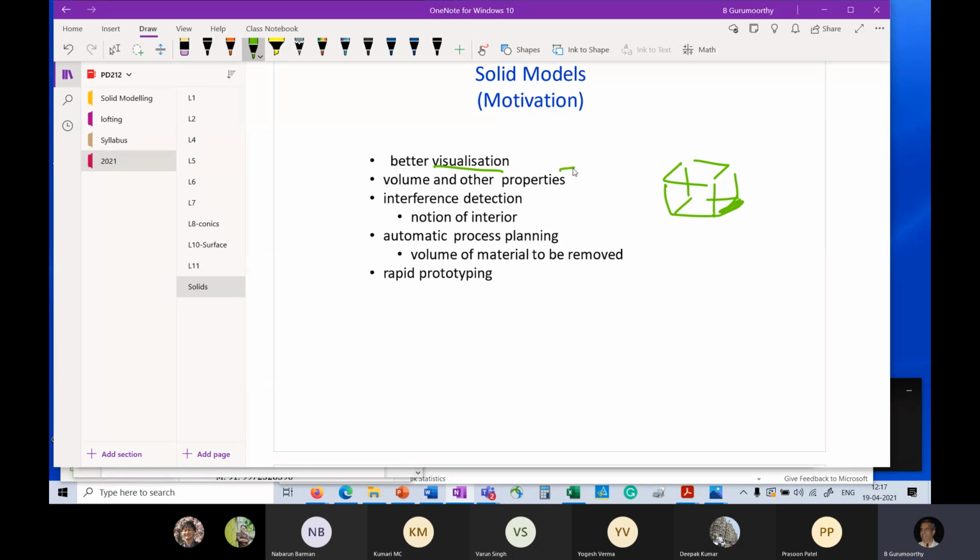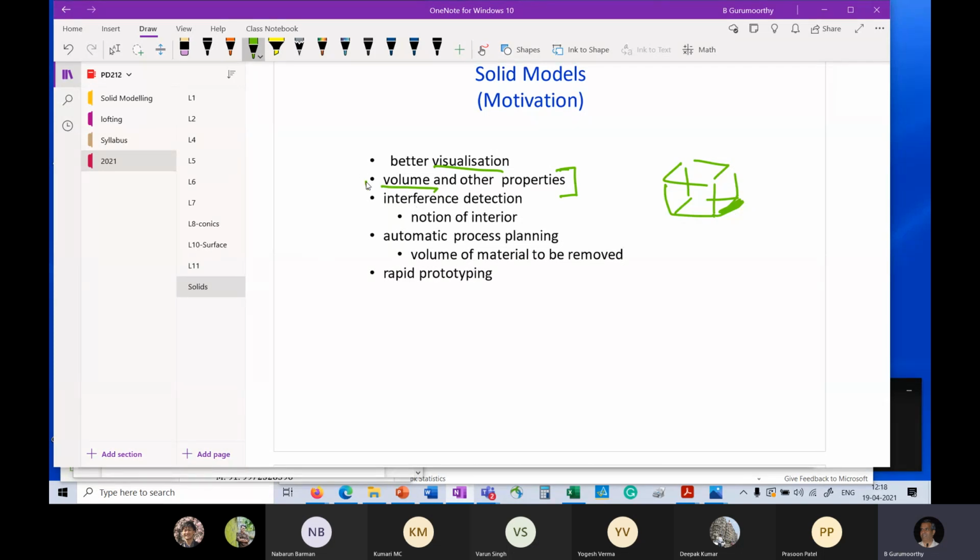Of course, the cost of a product is always tied to the material that goes into it, and the material is always tied to the volume. Therefore, finding the volume of complex objects became of interest, and to find volume, you must have a representation of the 3D part, so solid modeling became important.